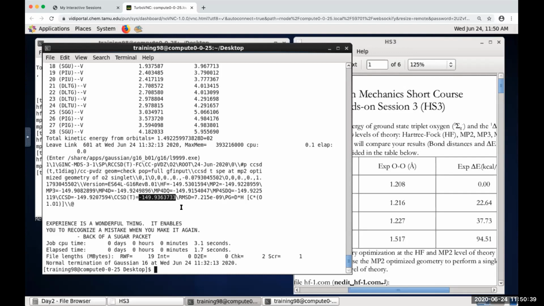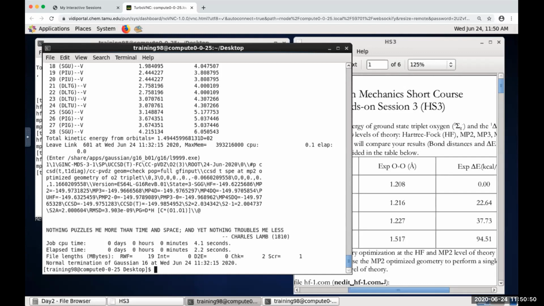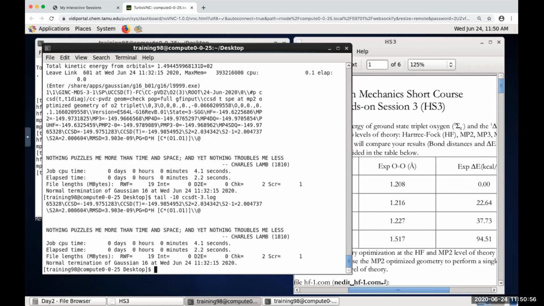So let's go ahead and do that for the triplet to singlet for the CCSD number. I've got that one for that, and that one for that. Let me do it a little bit smaller. Clear my screen.